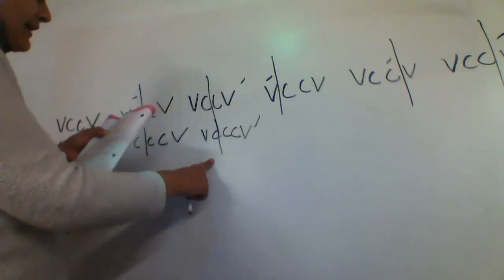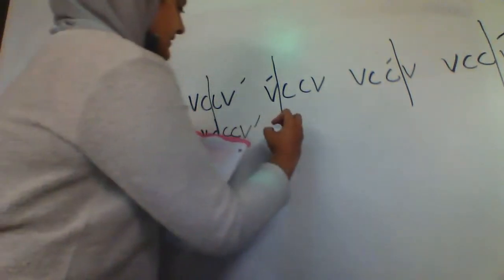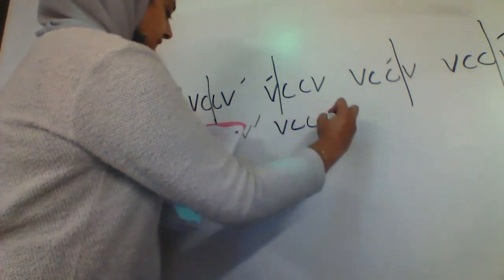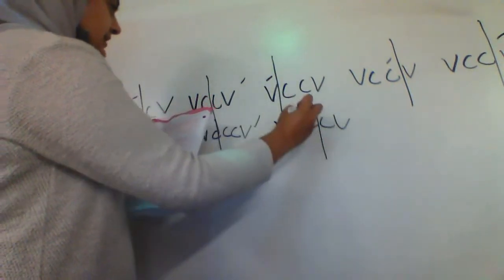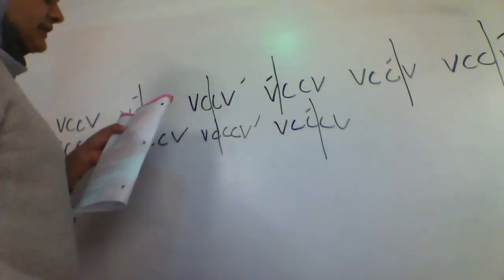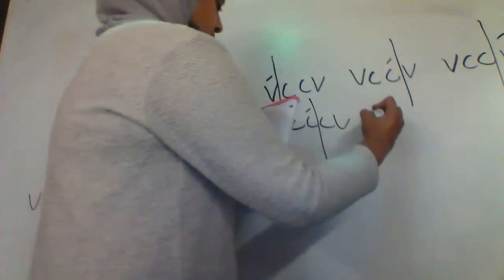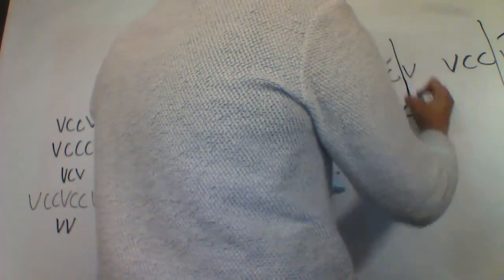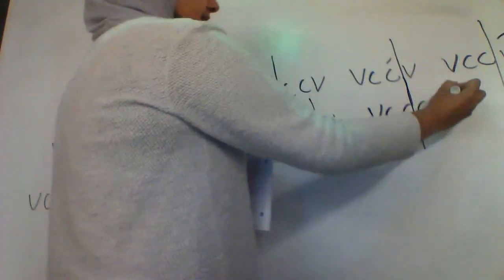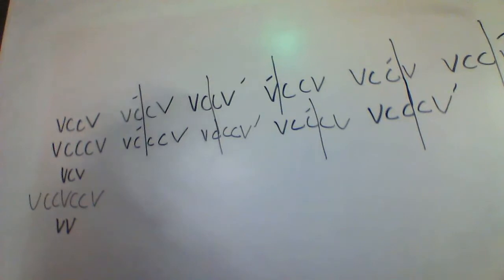We talked about how another way is V, C, C, C, V, and then the division line goes there, and the accent goes there. One last way was the V, C, C, C, V, and the division line goes there, and the accent goes at the end.